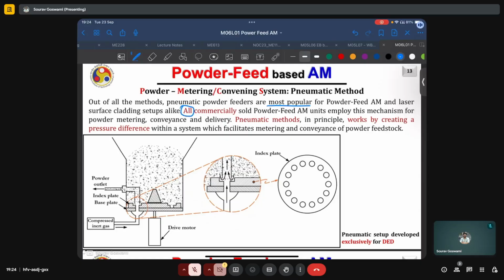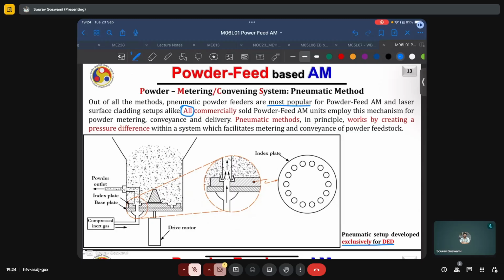All commercially sold powder feed AM units employ this mechanism for powder metering, conveyance, and delivery. Pneumatic methods work by creating a pressure difference within a system which facilitates metering and conveyance of powder feedstock. A schematic of this is shown here, which is developed exclusively for the DED process.